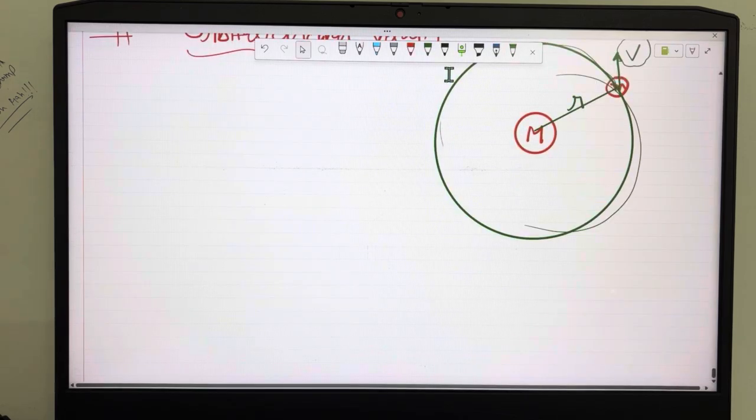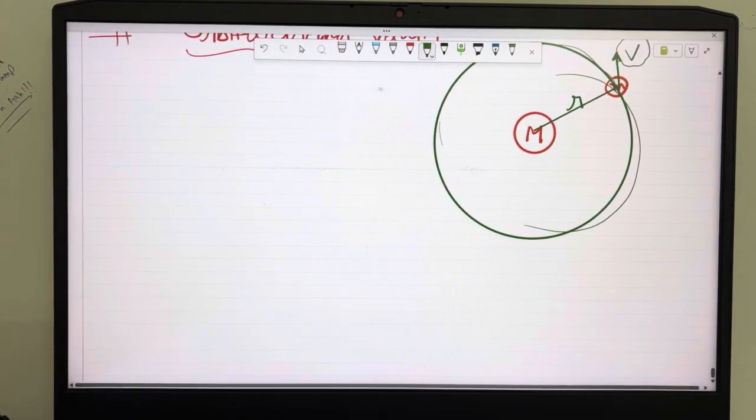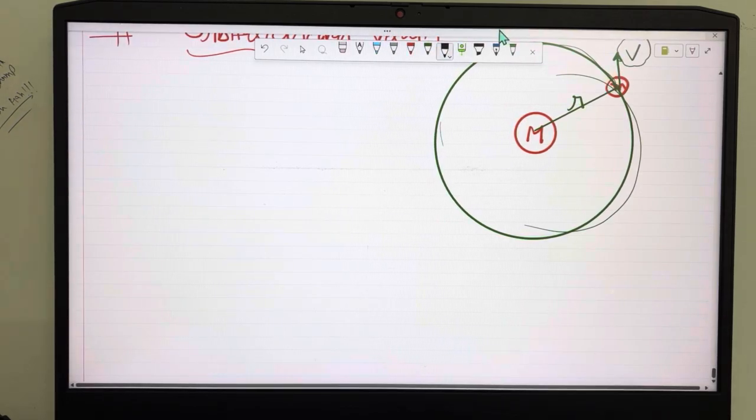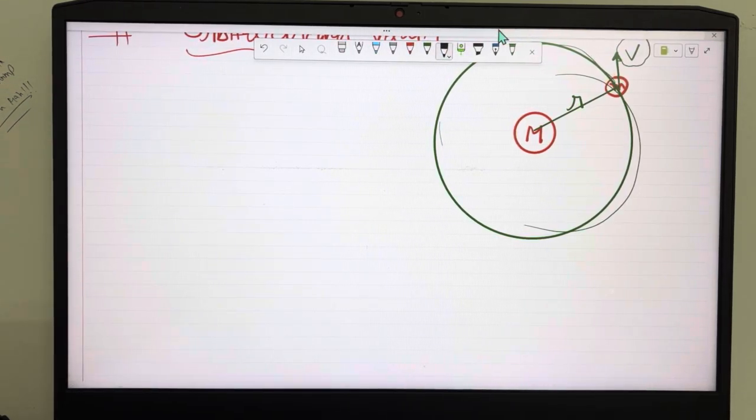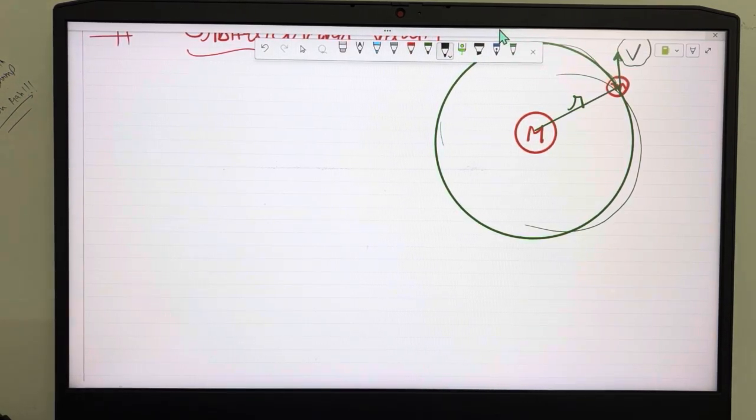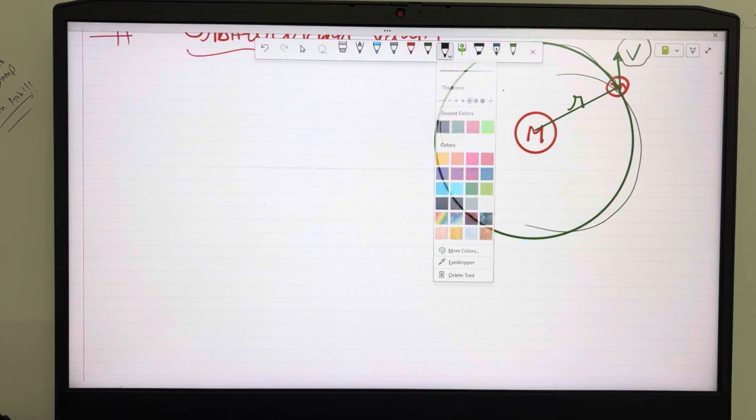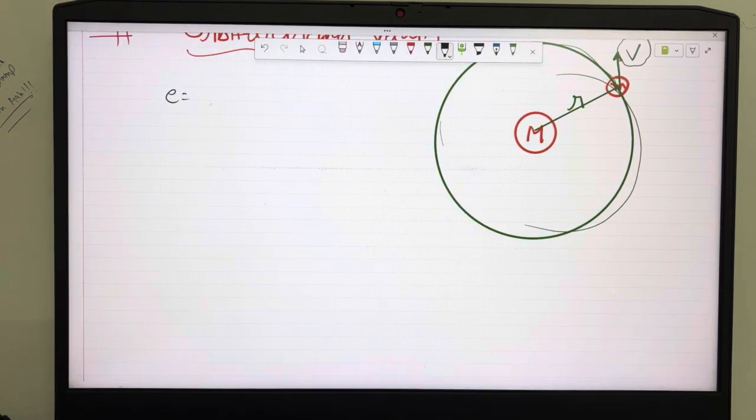So now write. There is some derivation, so please have patience and let's derive this equation. I don't want to skip the derivation, otherwise you will not understand things properly. E is equal to 1 plus 2h square capital H divided by m k to the power 4.